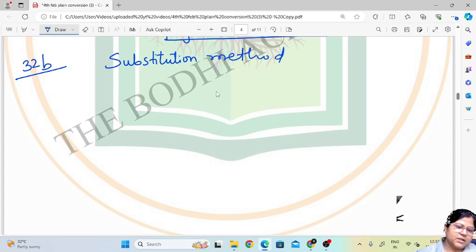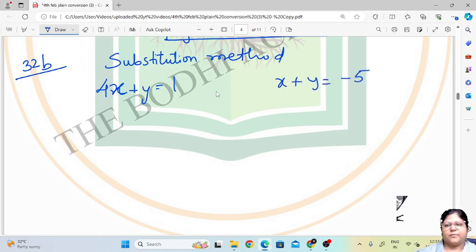The equations are 4x plus y equals 1 and x plus y equals negative 5. I'll take this as equation number 1 and this as equation number 2.